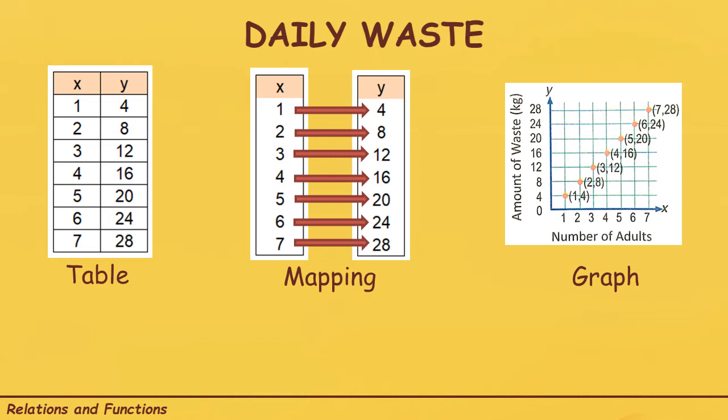Nanggaling yan sa 1 adult, 4 kilograms. Yung 2-8, nanggaling yan sa 2 adults, 8 kilograms. So on and so forth. So these are the ways on how we can represent a relation or how we can describe a relation. So don't forget these three ways: table, mapping, and graph.